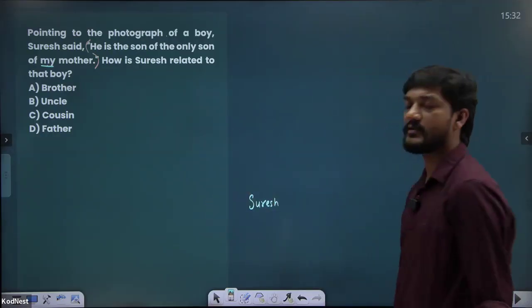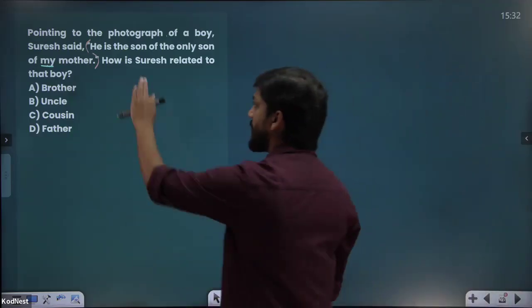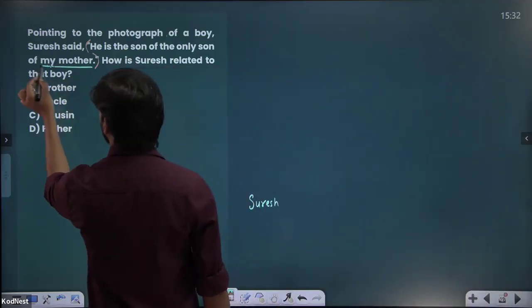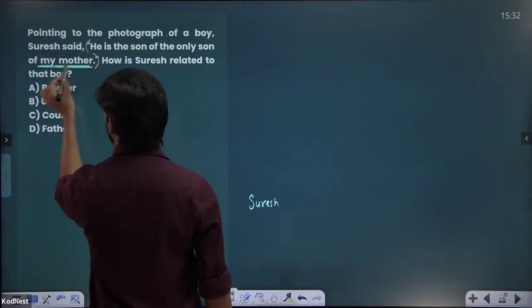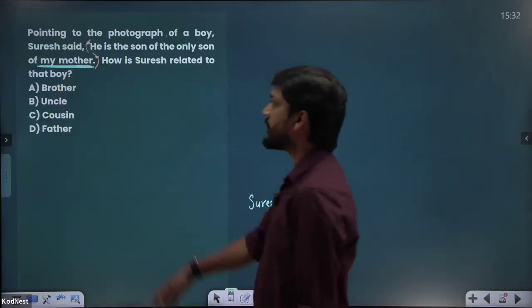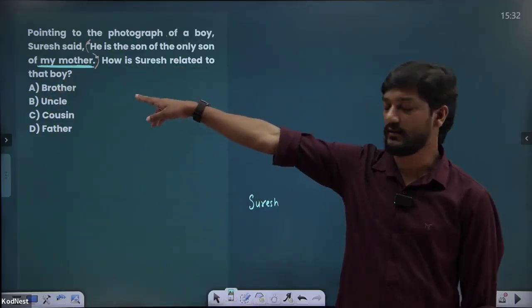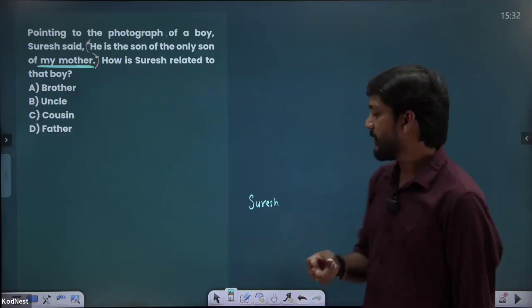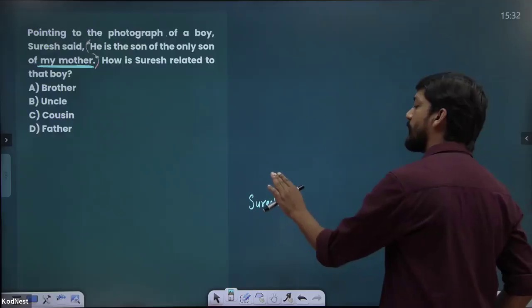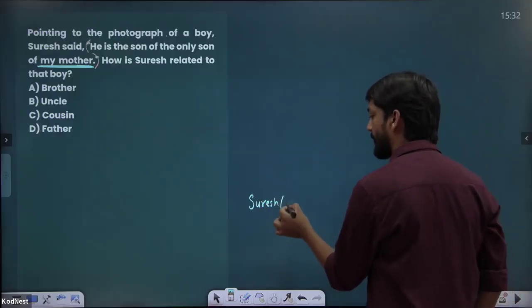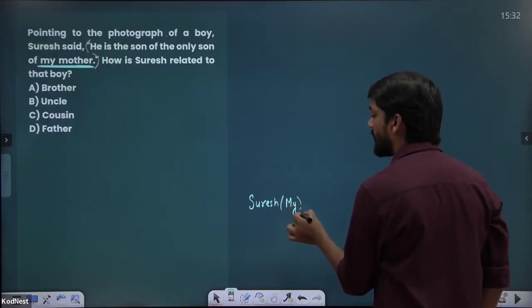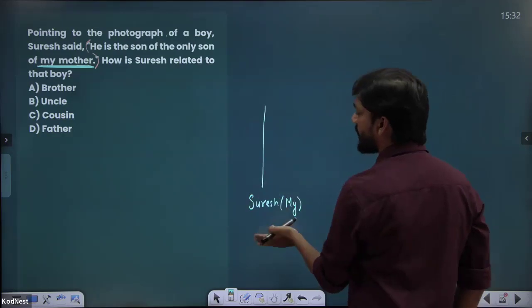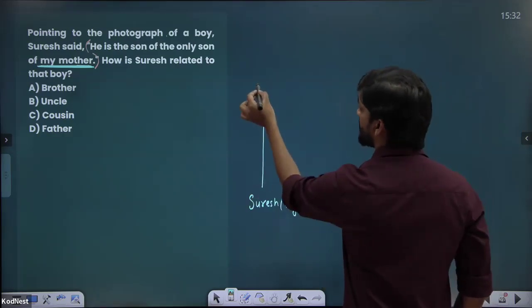First you will draw Suresh. From the statement, you have to start with the last part. So first you have to draw my mother. So Suresh is saying my mother. So two persons have to be there. My, that means Suresh, and mother. Mother of Suresh means one generation above. So this is mother.